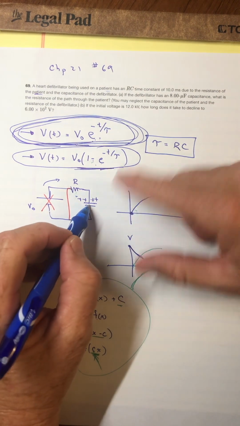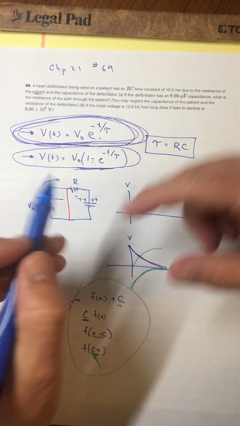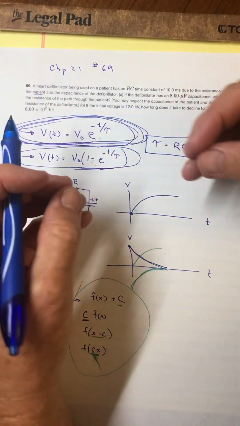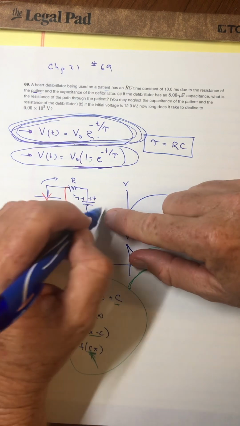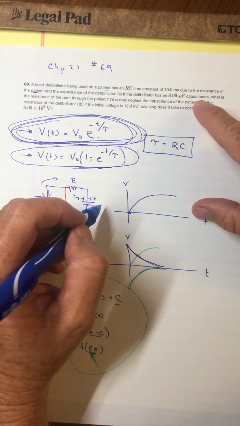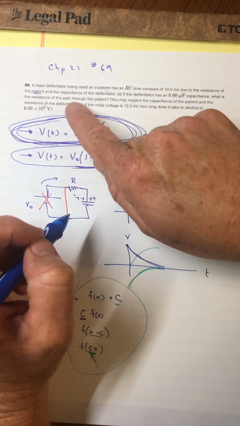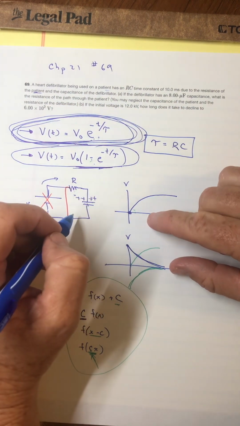It's going to be the same capacitor. So whether we're talking about charging up the capacitor and then using that capacitor to stimulate the heart, to zap them, it's the same capacitor. So whether charging or discharging, we're going to use the 8 microfarads. But when it says, what is the resistance of the path through the patient, that's our clue that we're going through the discharge process.